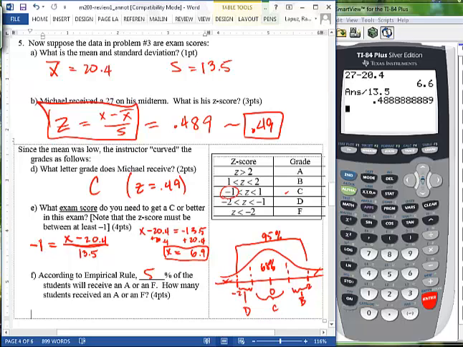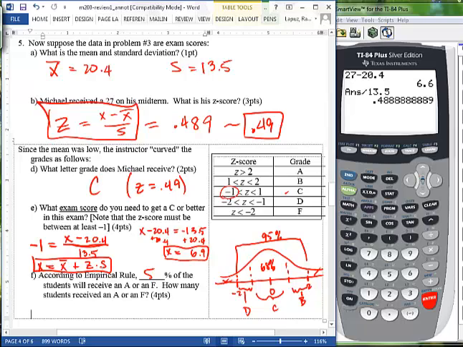We could do the same business over here where we figure out what happens when z is equal to 2. By the way, the formula when you solve for this is finding the x is equal to x bar plus z times s. That's exactly what we did here.